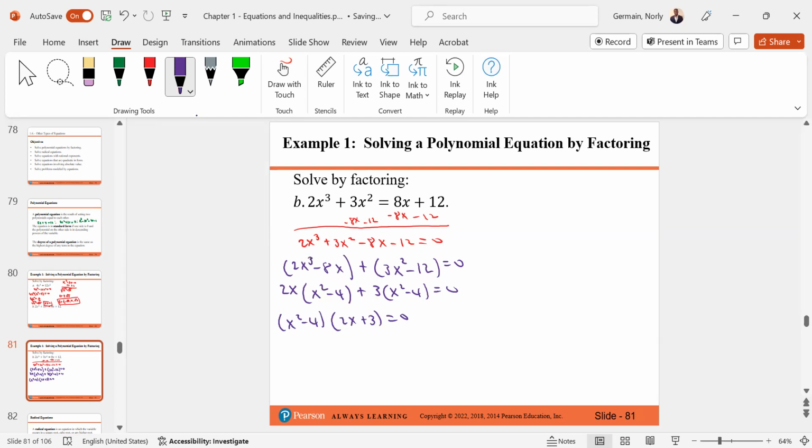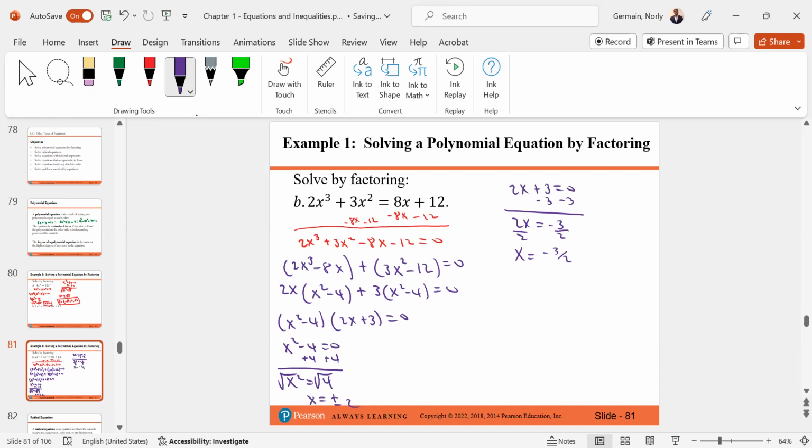Now, let's set each factor equal to 0. If you set x squared minus 4 equal to 0 and add 4 to both sides, you end up having x squared equals 4. If you take the square roots of both sides, x equals plus and minus 2. That's your first answer. The second one, 2x plus 3 equals 0. If you subtract 3 from both sides, you have 2x equals negative 3. Divide both sides by 2, x equals negative 3 halves.